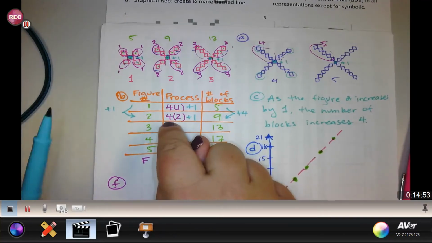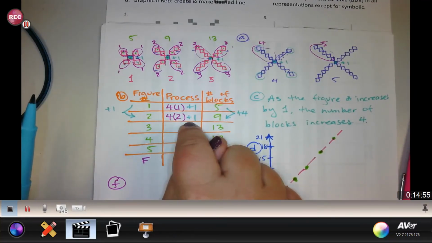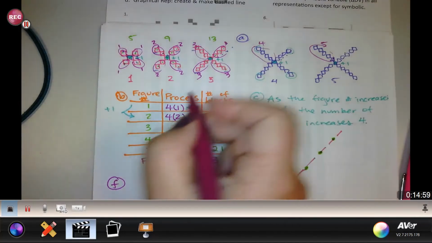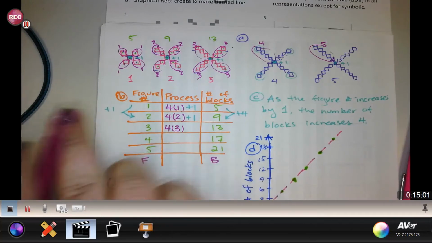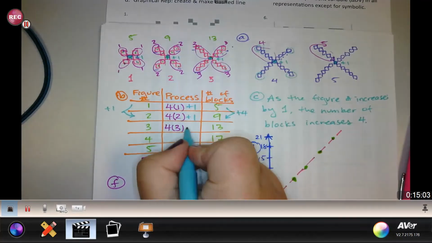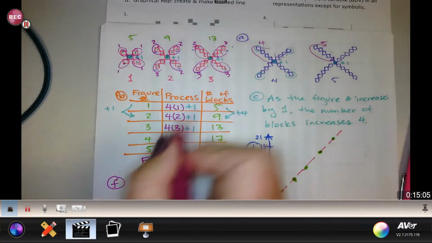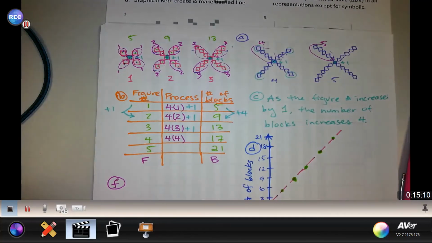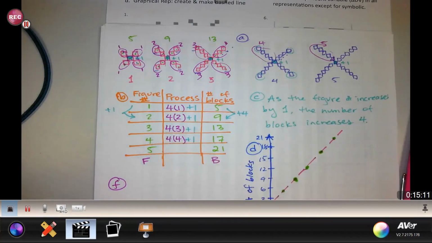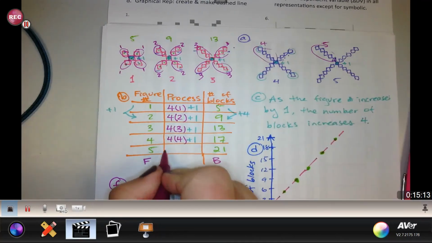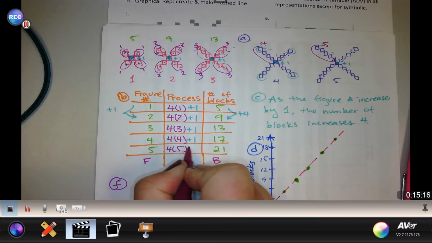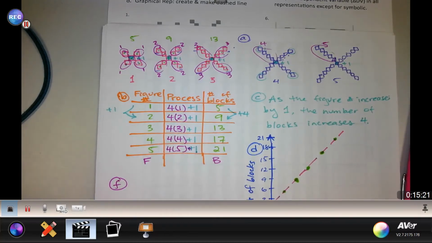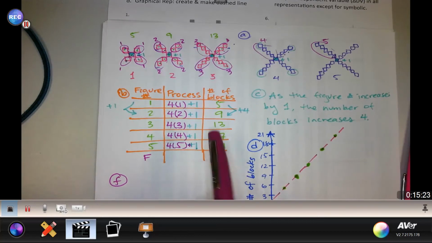So now I have 4 times 2 is 8, plus 1 more is 9. Okay, so things are looking good. Then we'd have 4 times 3, because we have 4 groups with 3 blocks in each for that one, plus the center block. 4 times 4, because we have 4 groups of 4 in the 4th figure, plus the center block. And then last but not least, 4 groups of 5, plus, oops, I was doing so well, 1 for the center block.